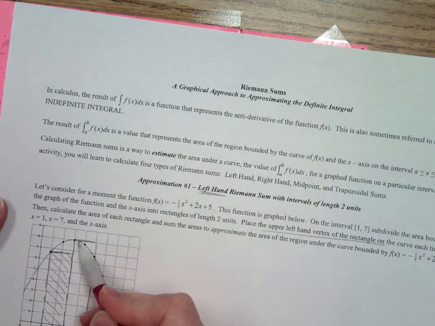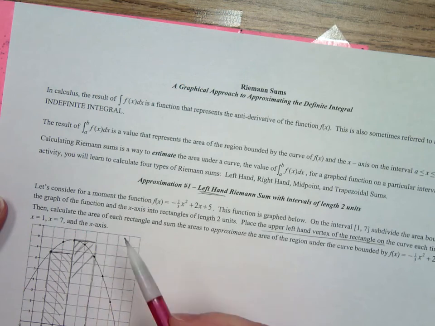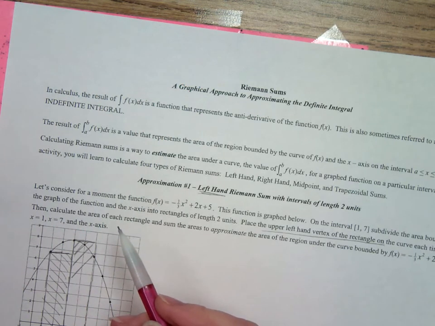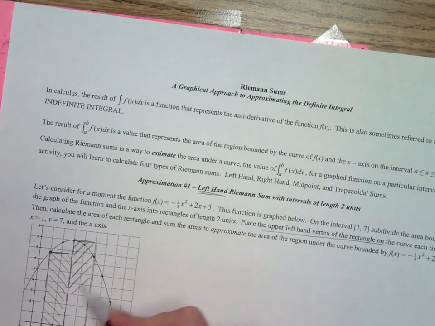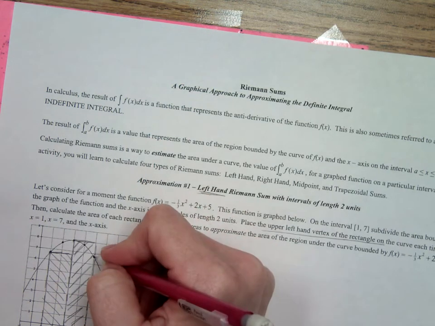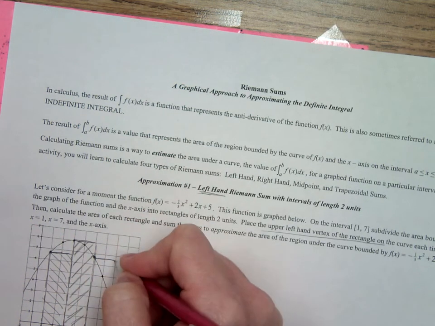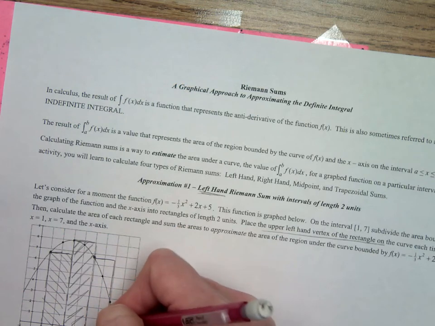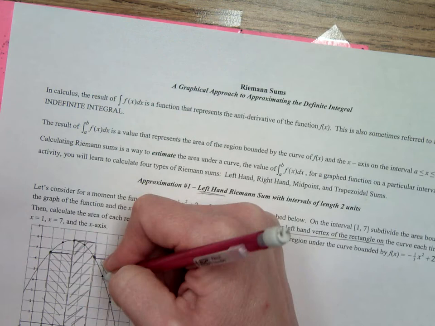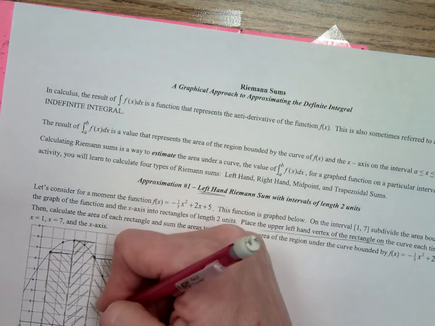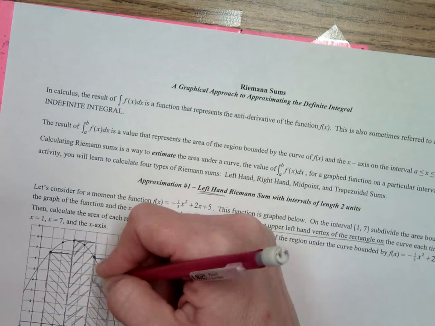I'm going to make this rectangle go this way so they don't look like they're all the same rectangle. My next one's going to be right here. It's going to go out 2. And I guess we can go back this way again so you can see where the rectangle is. There we go.